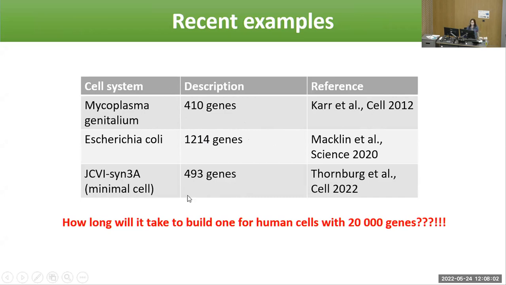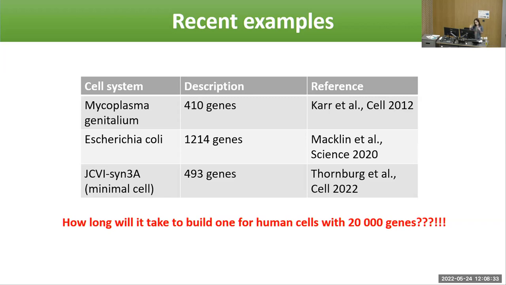What I didn't show in this table is that this model, for example, took a few PhD students, and in the US, a PhD usually takes about 5 to 6 years. A few PhD students, 5 to 6 years, manually curating the data and manually coding all the code for the model. And that's for a bacteria with 400 genes. Imagine if you had to build something for human cells with 20,000 genes, how long is it going to take if we have to do this manually?